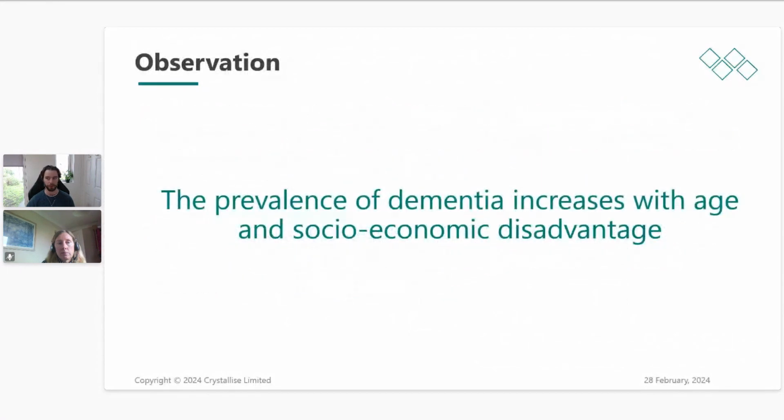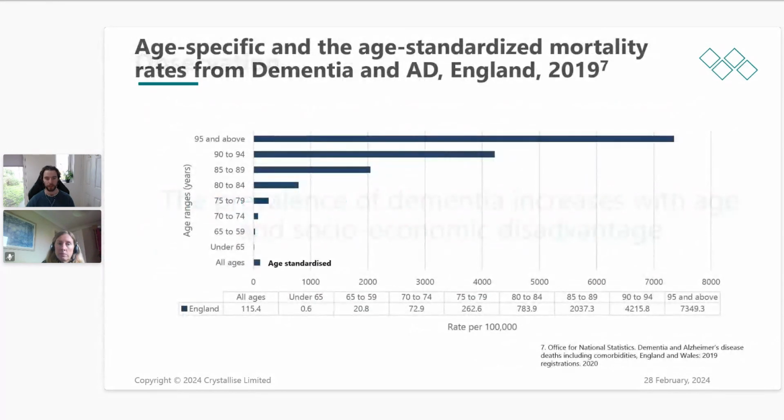Okay, so let's move on to looking at stratifying the data. So we want to understand what is the prevalence of dementia amongst different age groups and socioeconomic groups. And we'll first start with the age groups. So this is looking at the age-specific mortality rate within England in 2019. And we see this Gompertz-style increase with age.